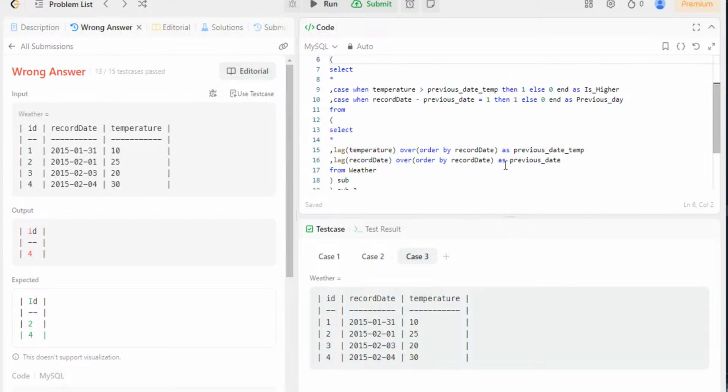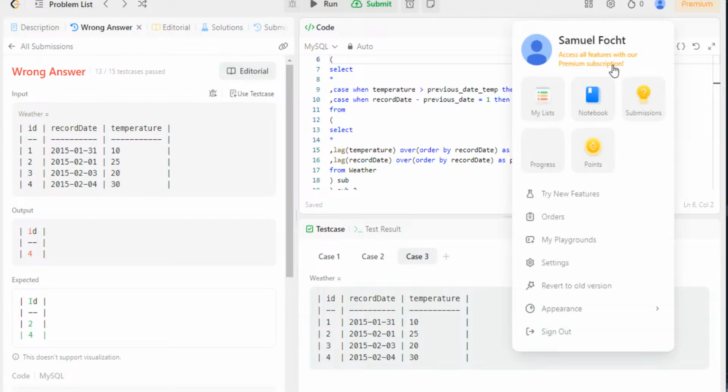Right, I'm looking right now. Appearance, cool.